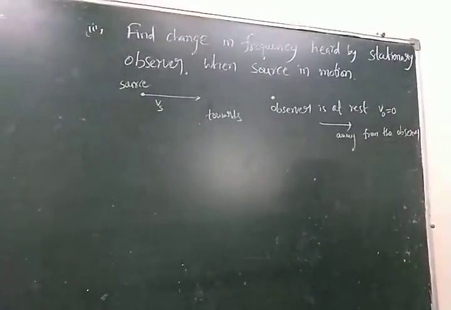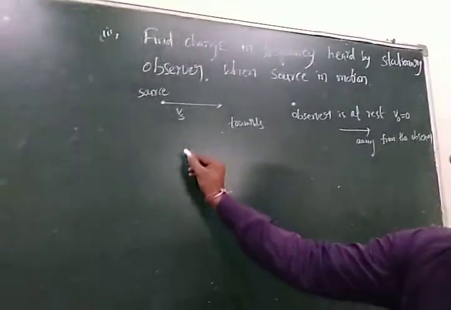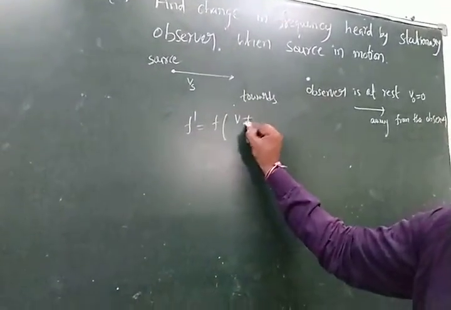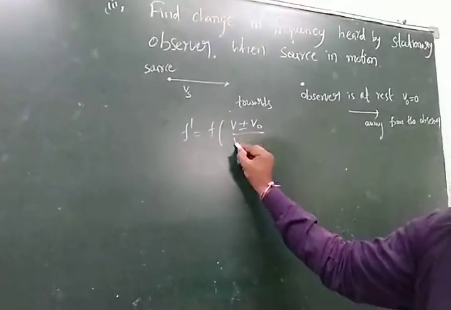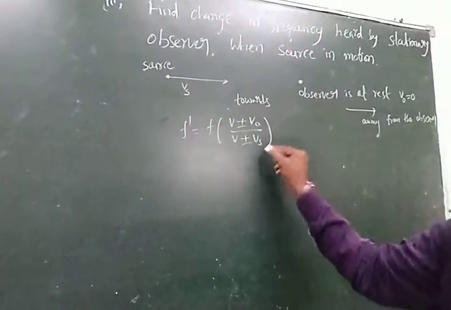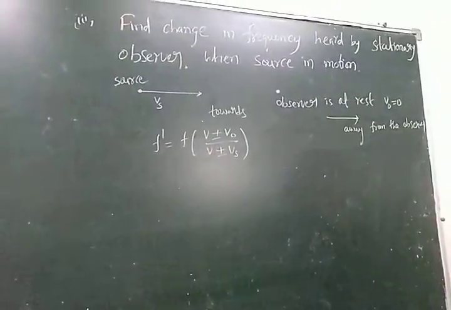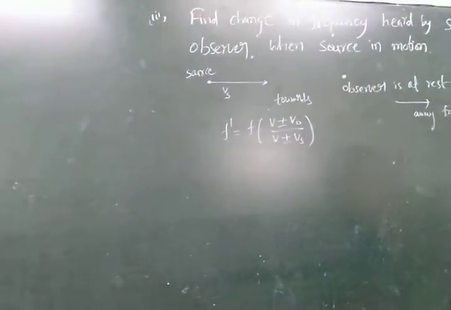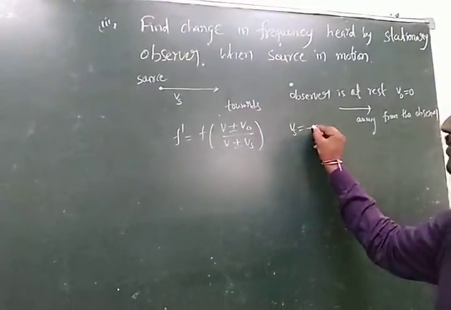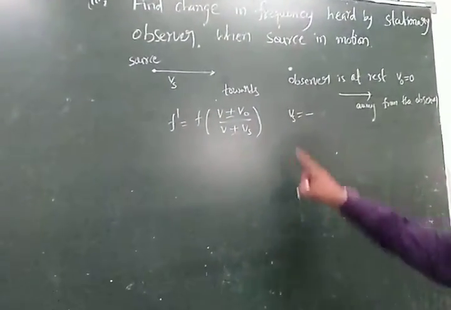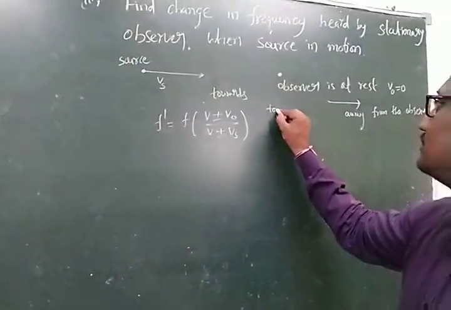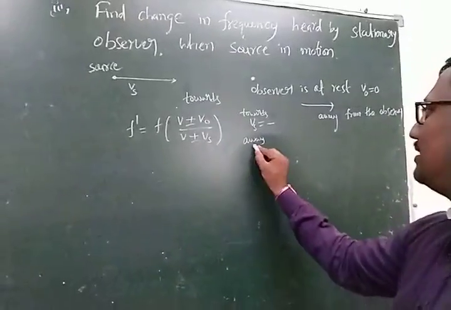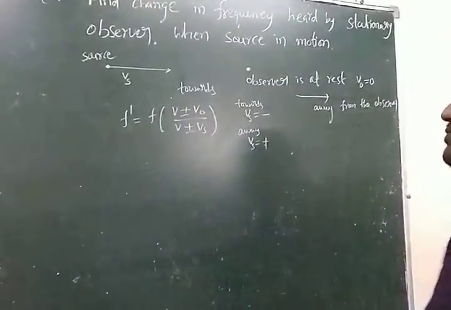We know the general expression in the Doppler effect: f dash is equal to f into (v plus or minus v naught) by (v plus or minus vs). Already we saw the condition: when the source moves towards the observer, vs is taken as negative. When it is moving away, vs is positive.